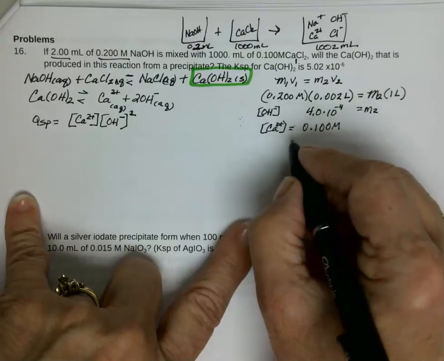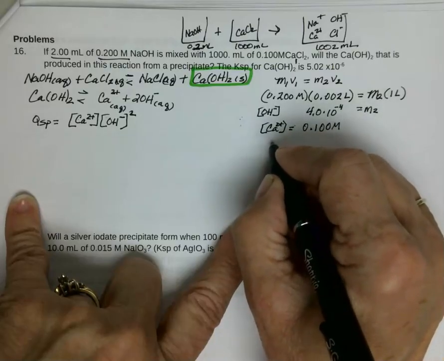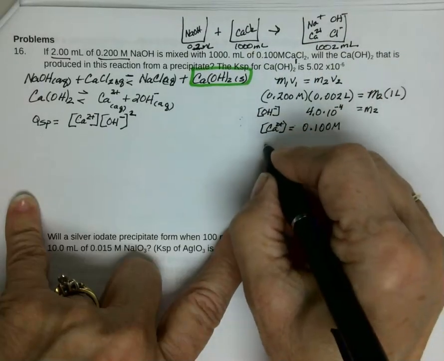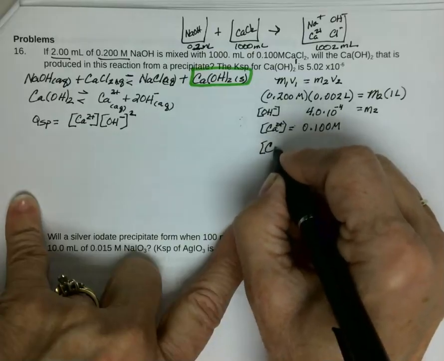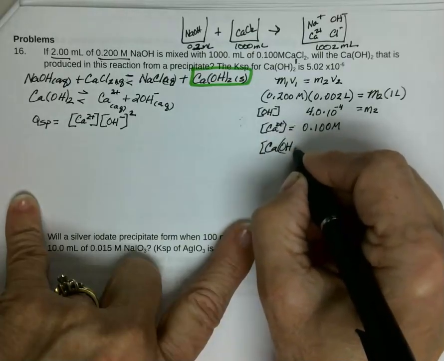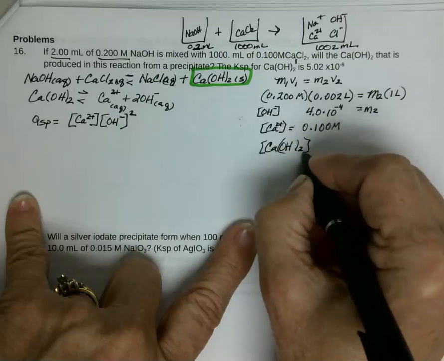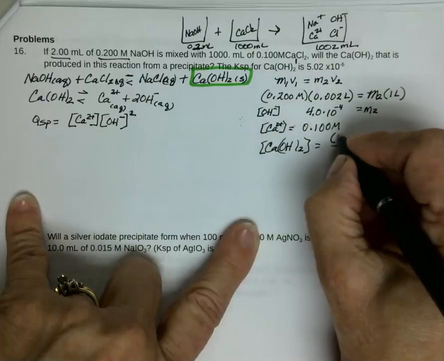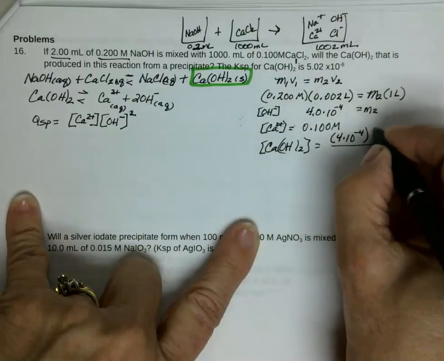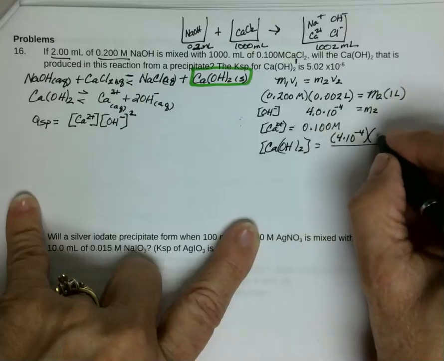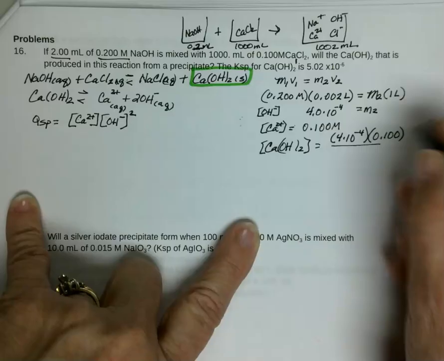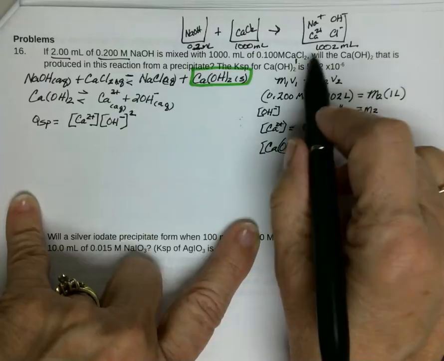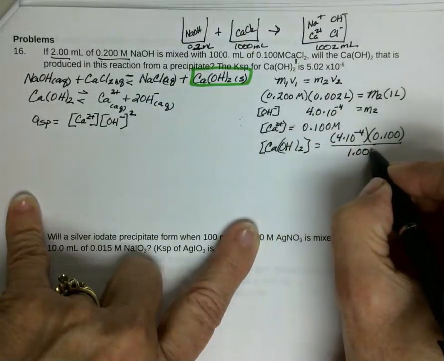So in order to do that, what we're going to actually be calculating is the concentration of my calcium hydroxide. Okay, and to do that, we want the molarity of my hydroxide times my molarity of my calcium. And again, we're still somewhat using that formula up there, divided by my total, which is now 1,002 liters.